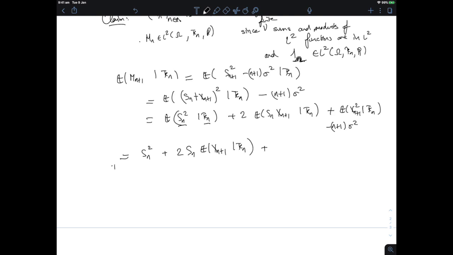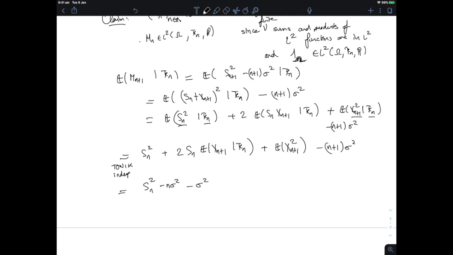So here I've used take out what is known, and I've used independence. And the independence tells me, because xn plus 1 squared is independent of Fn, that this conditional expectation is just a plain expectation of xn plus 1 squared, minus this correction term. Okay, so I get Sn squared. That's good. Minus n sigma squared, that's what I want. And then I get a minus sigma squared.